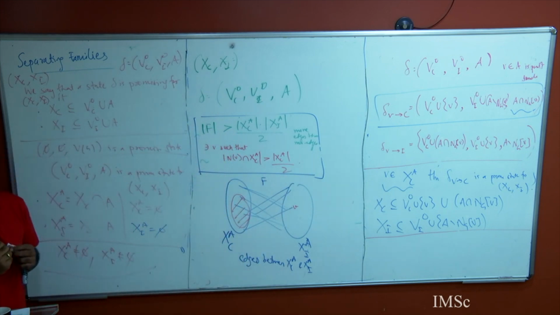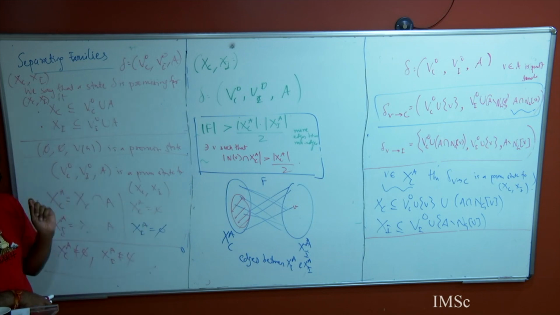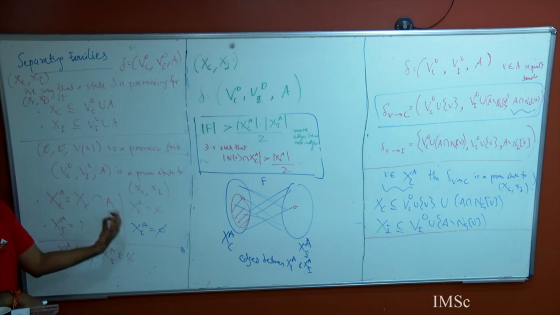So what happens because of that? Suppose I find this. Not all steps, I have just terminated, but I know in some step I am making lots and lots of progress. So pick up that particular V.